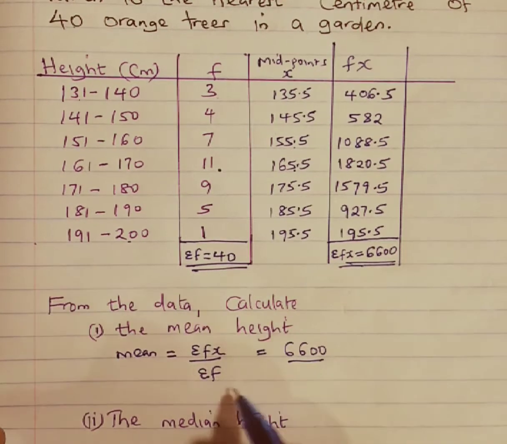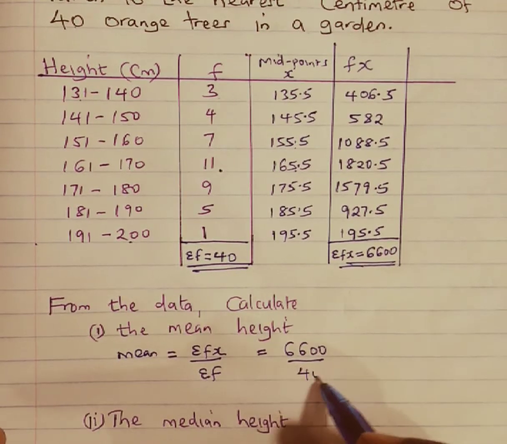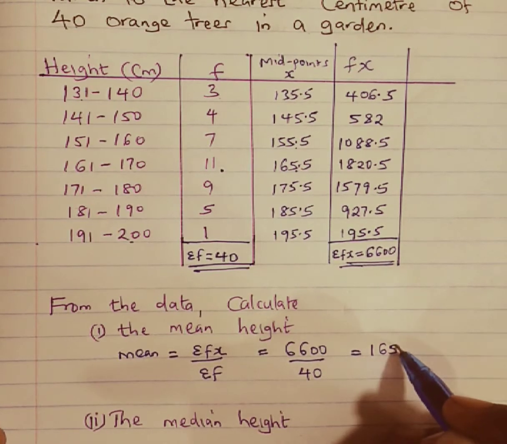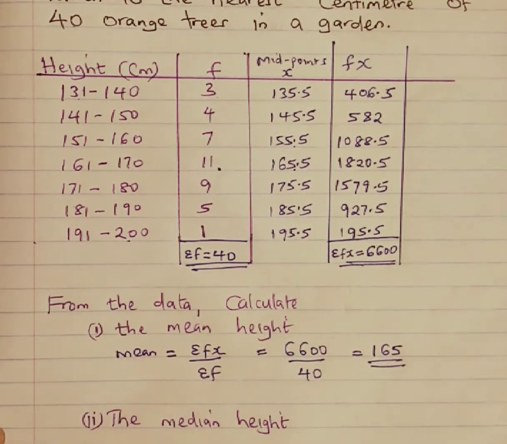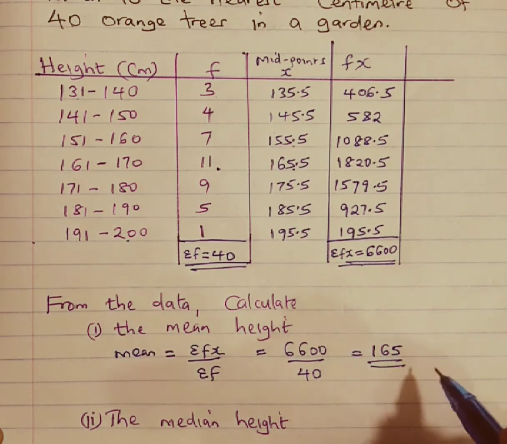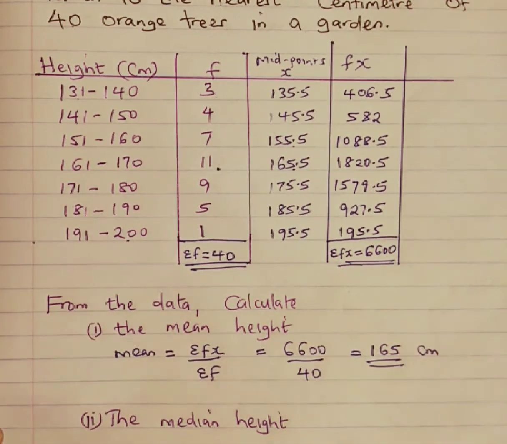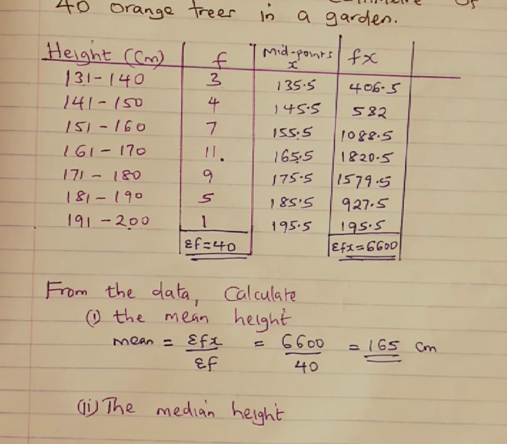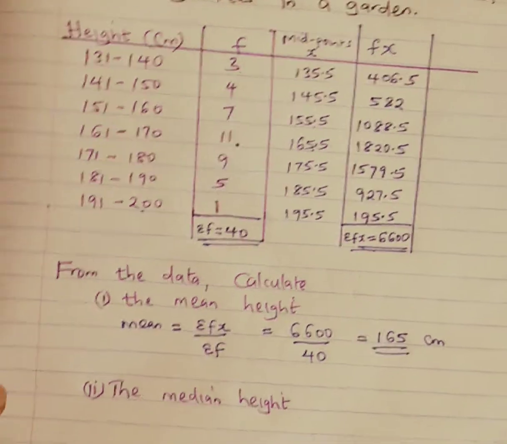You divide by the summation of frequency, which is 40, and this gives us 165 centimeters. So the mean height is 165 centimeters, and that is the answer to Roman 1 of this particular question.